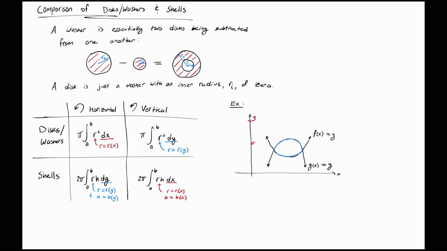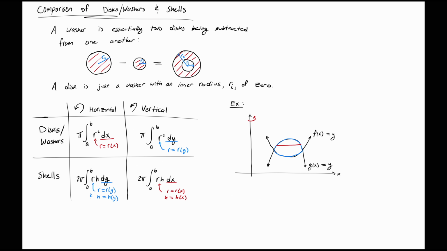Because there's this gap, that means there is going to be a hole in our solid at some place, so that means it's a washer, because the cross-section of that would be a washer. So for washers and discs, we always draw a slice parallel, or excuse me, perpendicular. I always flip-flop for some reason until I say it out loud. You always draw a slice perpendicular to your axis of rotation.